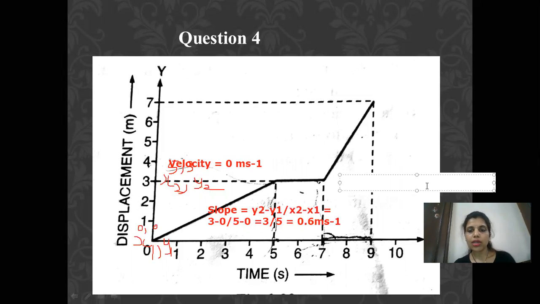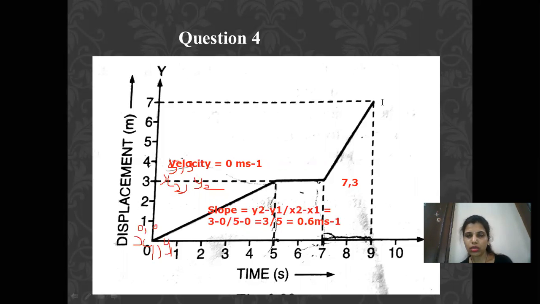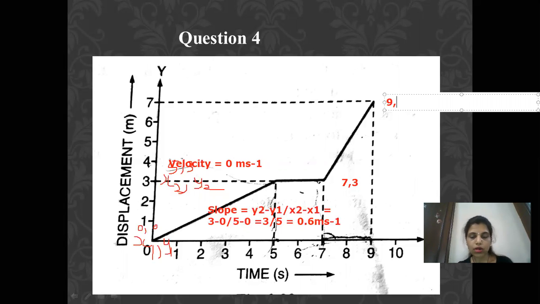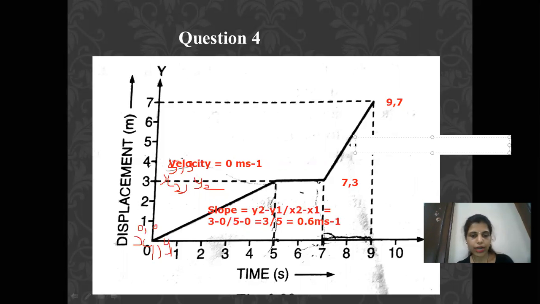I'm writing the values directly: 7 is x1, comma, y1 is going to be 3. And over here, x2 value is 9 and y2 value is 7.